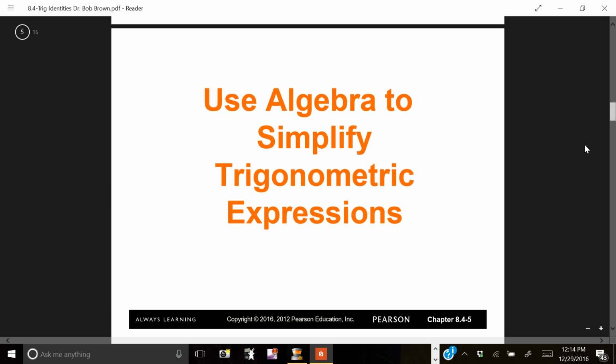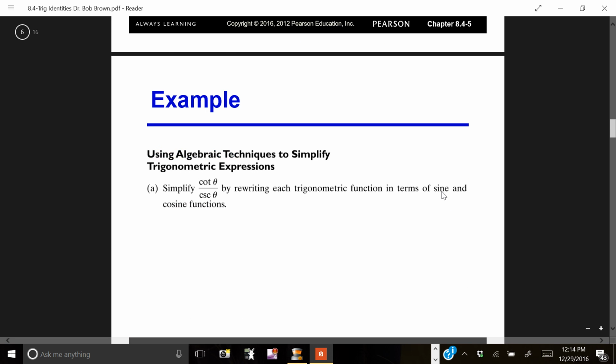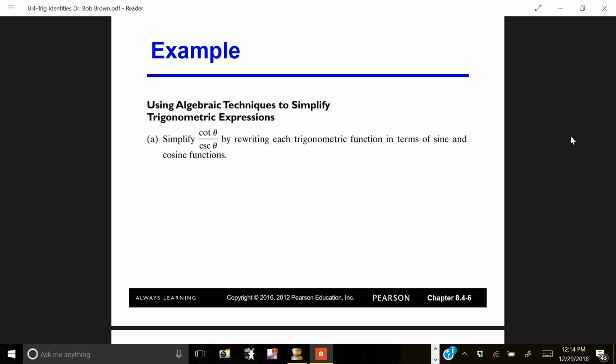Now we're going to show how to use algebra to simplify trig expressions. We're going to do 4 of these. We're first of all going to simplify cotangent of theta divided by cosecant of theta by rewriting each trigonometric expression in terms of sine and cosine functions.